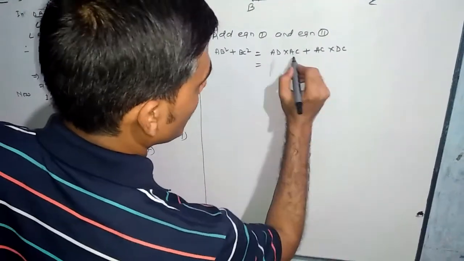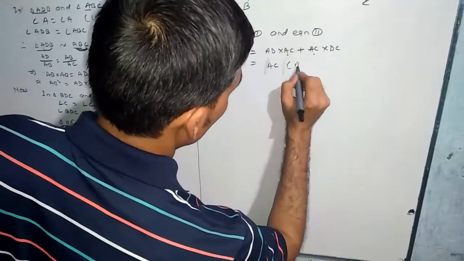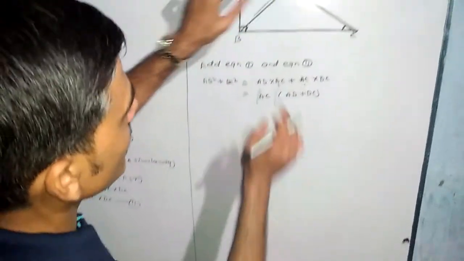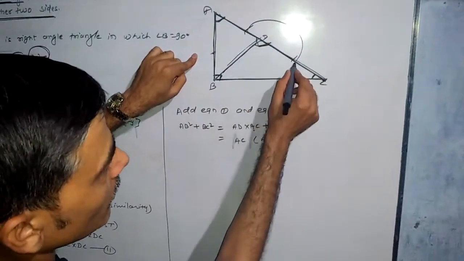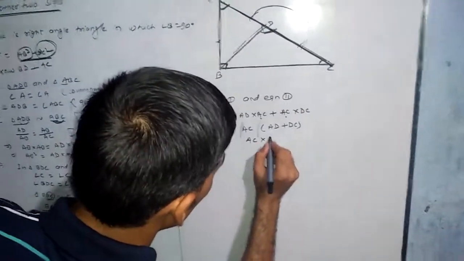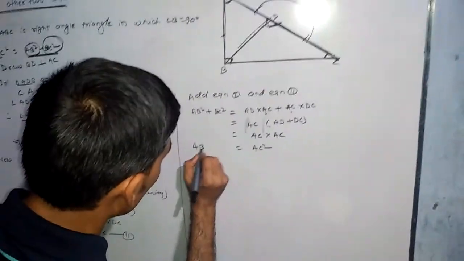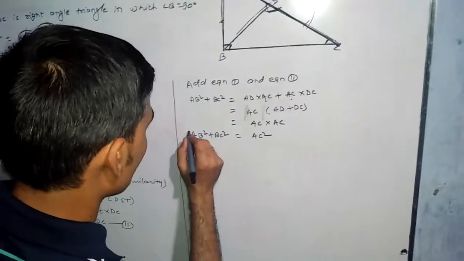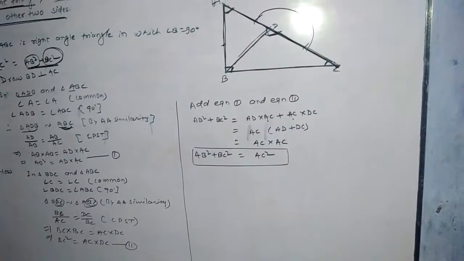AC is common. AC in brackets AD plus DC, and from the figure we can understand AD is a part, and DC is also a part. When they are added, it gives AC. It means AC into AC equal to AC square, and from here it will be AB square plus BC square. So it is the result that we have to find.